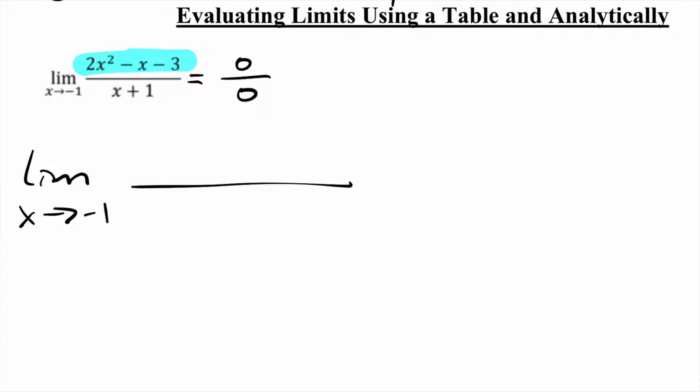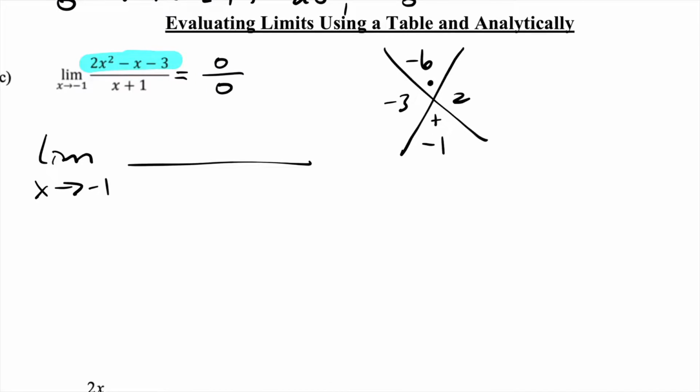Okay? Multiply A times C. All right, so we're going to use our little diamond thing, which you guys have used, I'm guessing, many, many times before. You said A was 2, you said C was -3, so that's -6. B is -1. So what are the two numbers that multiply to be -6 and add to be -1? -3, +2.